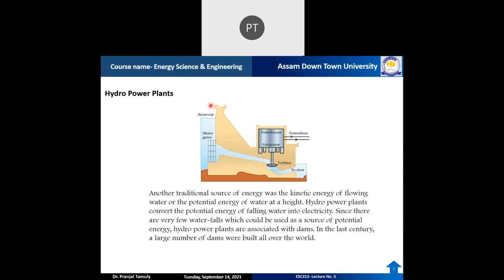That is the head. As the head increases, the velocity of the water also increases. After storing the water, we release the valve, and the water flows at a very high speed, which we use to run the turbine and produce electricity.